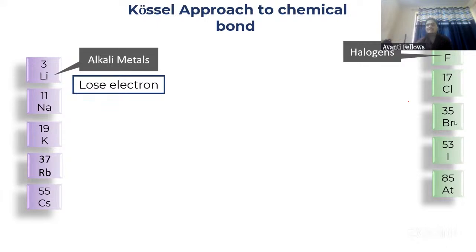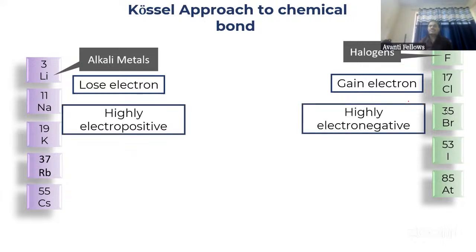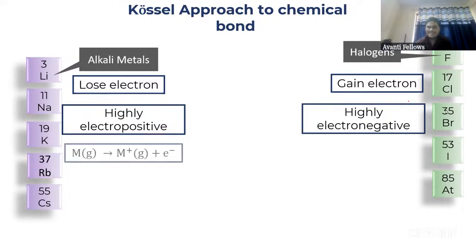They are metals, which means they have a strong tendency to lose electrons. On the other hand, halogens have a strong tendency to accept electrons. So alkali metals are called highly electropositive elements, whereas halogens are called highly electronegative elements.